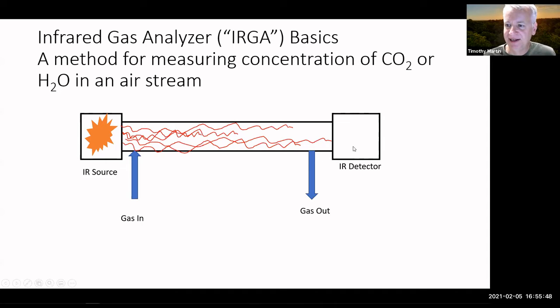And by calibrating the signal from the detector, by flowing different known rates of CO2 through this tube, we can calibrate this detector, and that can tell us the CO2 concentration in some unknown gas stream. This ability to measure CO2 concentration is the basis of all photosynthesis measurement systems that use CO2.